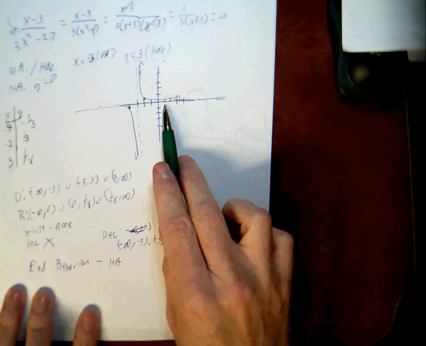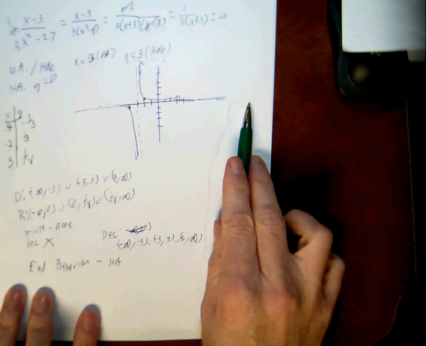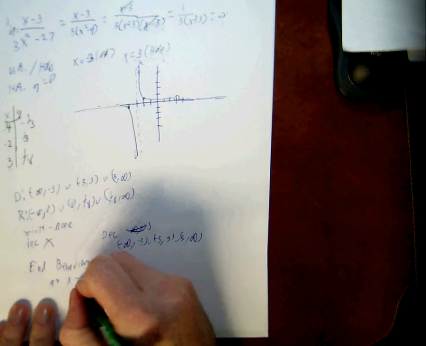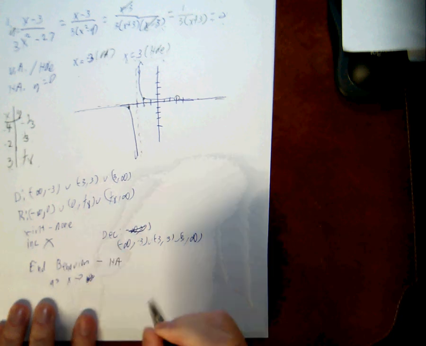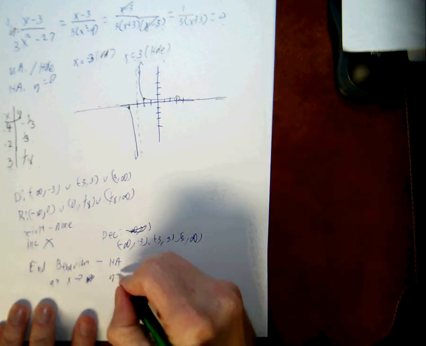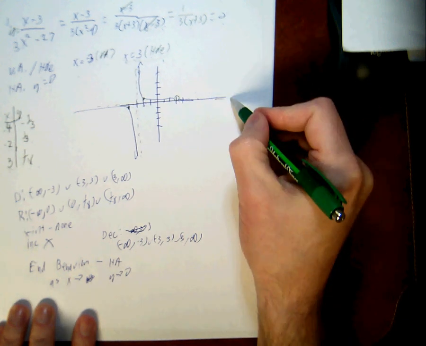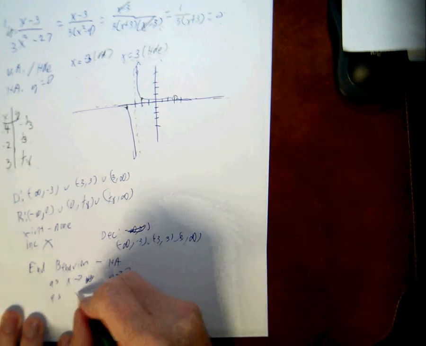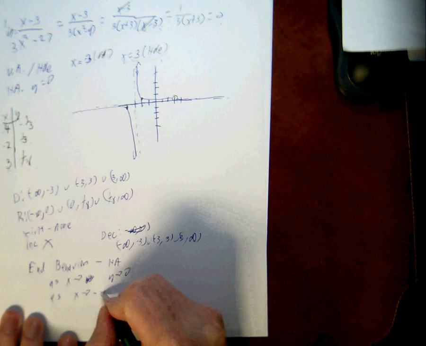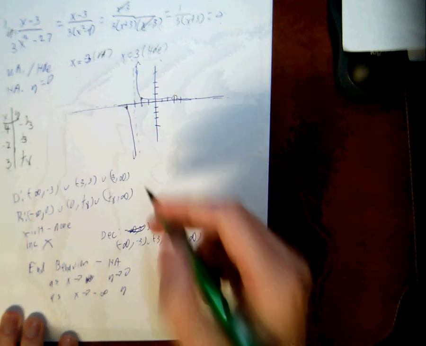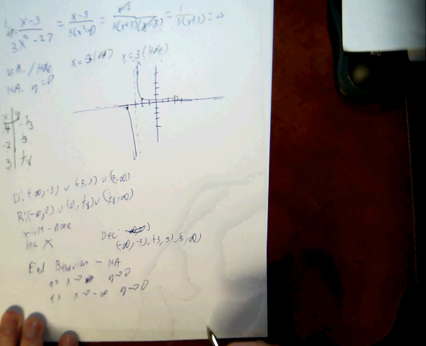What is my y value doing as I go all the way to the right? So as x goes to infinity, as I go all the way to the right, my y values get close to 0. Notice how my y values get close to 0. As x goes to negative infinity, as I go all the way to the left, my y values get close to 0.